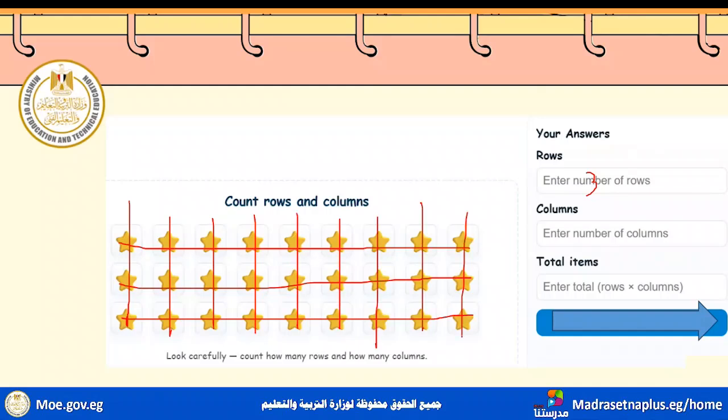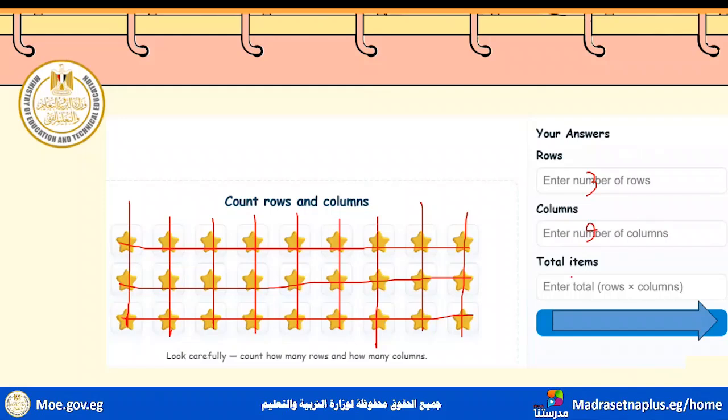You can draw a line from left to right or from up to down to count the number of rows or columns. Let's check our answers: 1, 2, 3, 4, 5, 6, 7, 8, and 9 columns. When I ask you how many items, that means find the total by adding rows or adding columns or using terms that we will study later, inshallah.